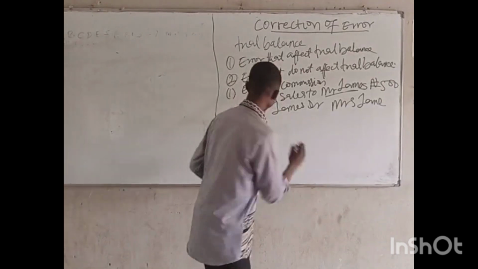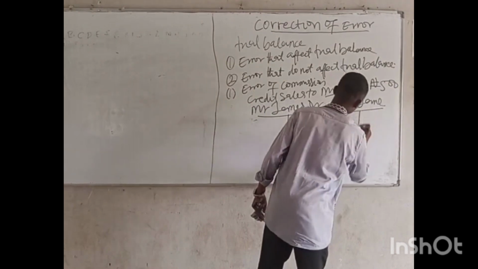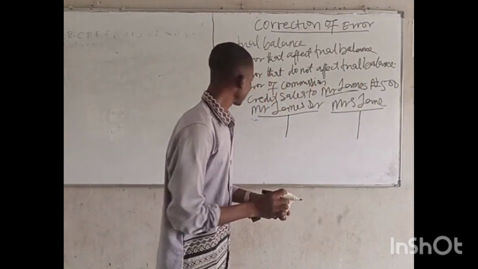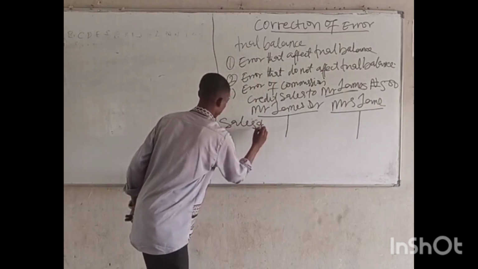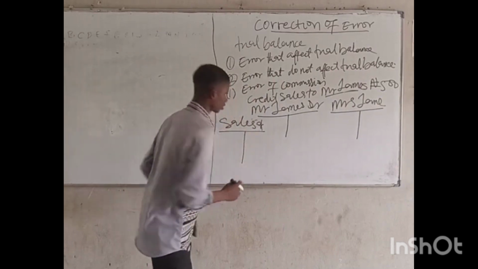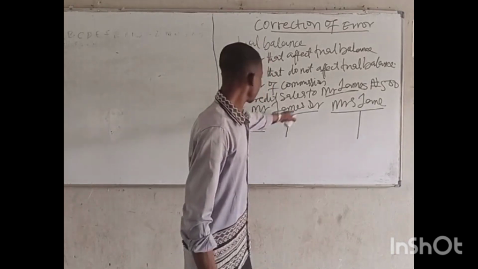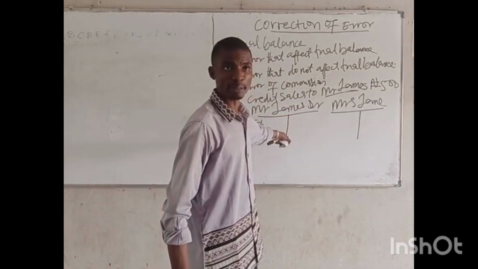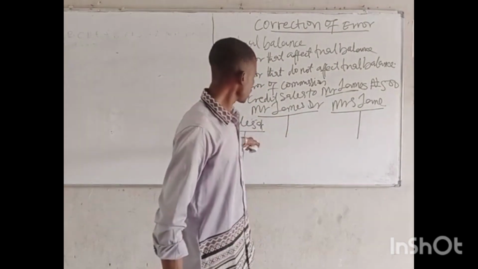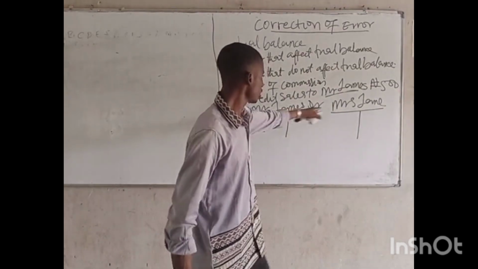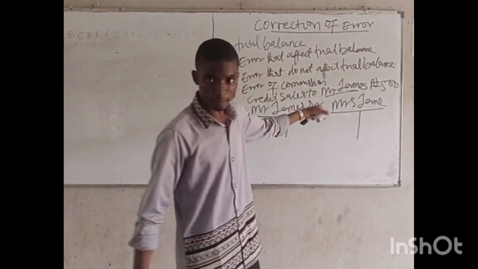Assuming now we put it in a ledger, what I'm trying to explain is that the entry we're supposed to make here is to debit Mr. James' account because he's our debtor, and then credit the sales account. But unfortunately, instead of debiting Mr. James' account, Mrs. Jane was debited. This is what is called the error of commission.